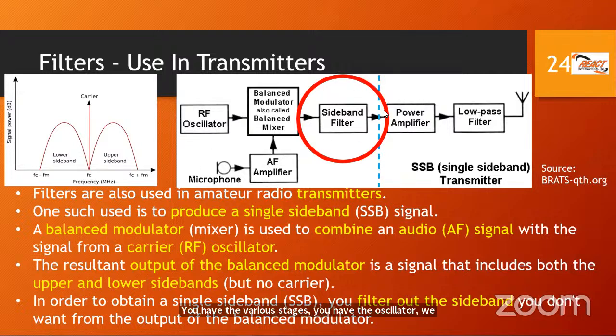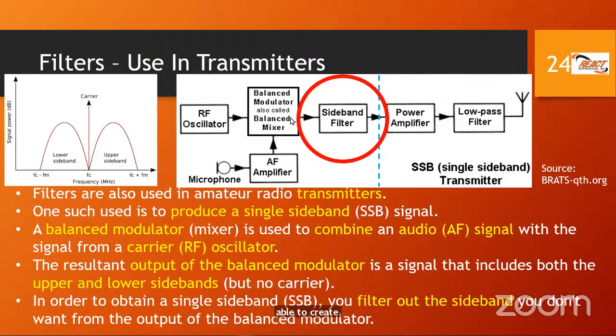And then we notice here, in this transmitter, that we have a sideband filter. The reason we have a sideband filter in this type of transmitter is because we want a single sideband output, so we must have a filter. This filter is an example of one that we introduced into a transmit circuit to be able to create the single sideband output.